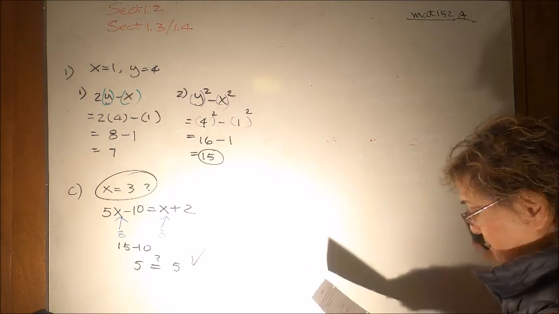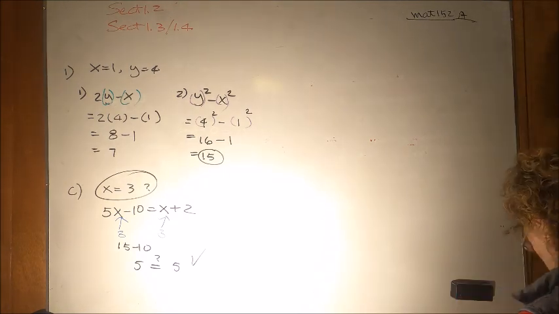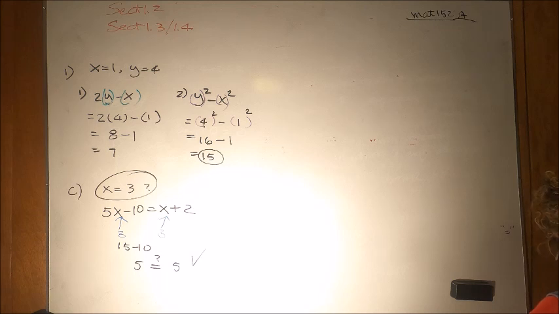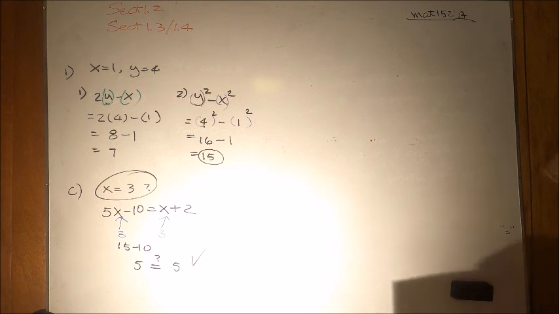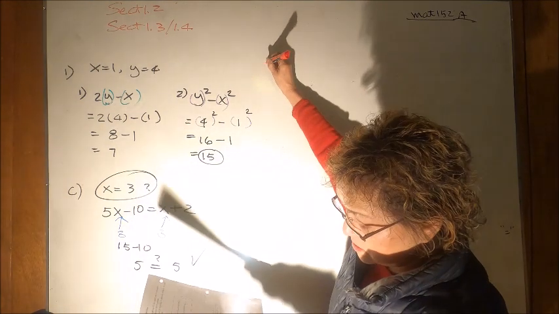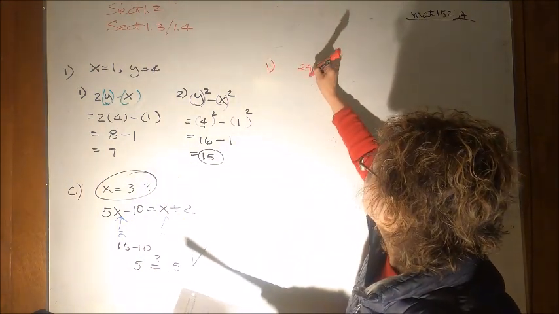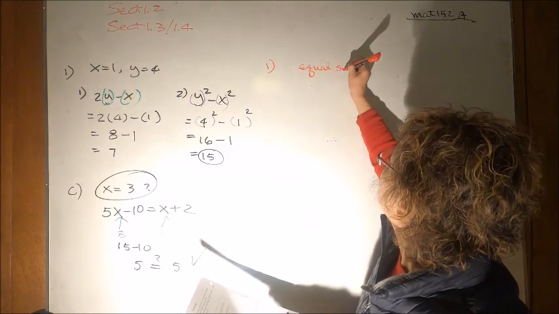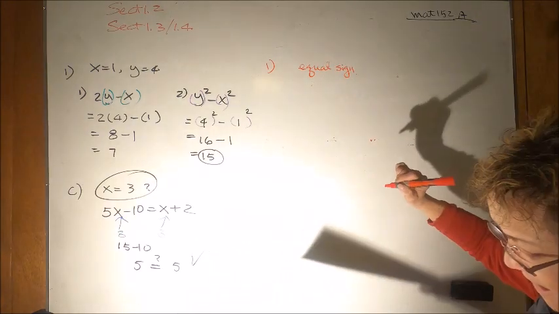So let's look at the facts. It says, what's the difference between expressions and equations? Two different major languages in math, right? For an equation you must have an equal sign, obviously, right?